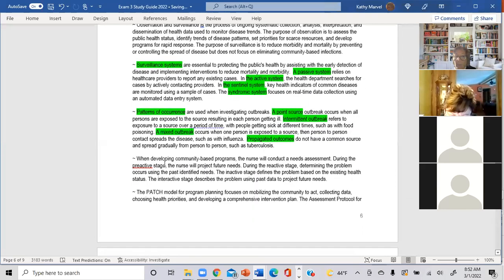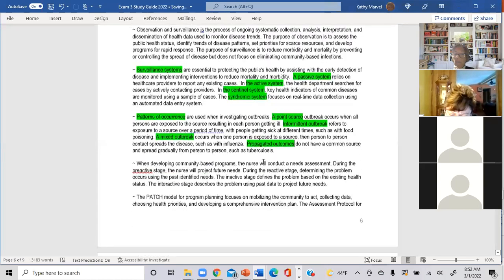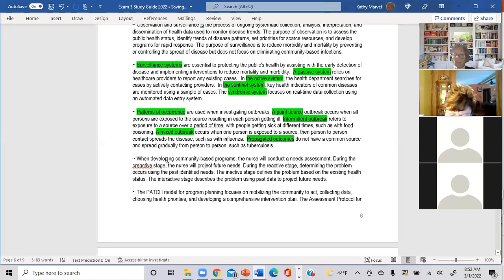And the other thing we need to know, and might as well just stay here, is when we're developing community-based programs, how do we conduct a needs assessment? All right. And we're still in surveillance and outbreak. So when we're developing a community-based program based on an outbreak or surveillance, we have different stages, right?